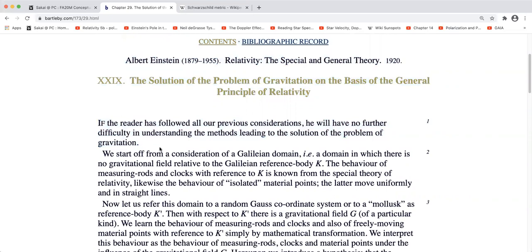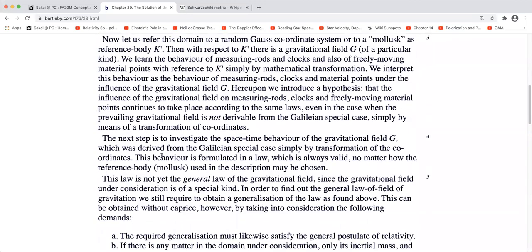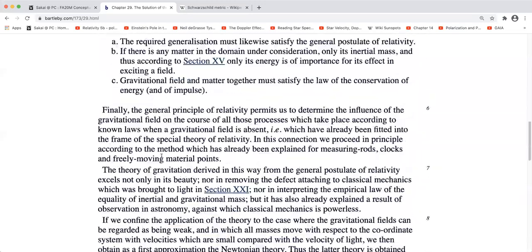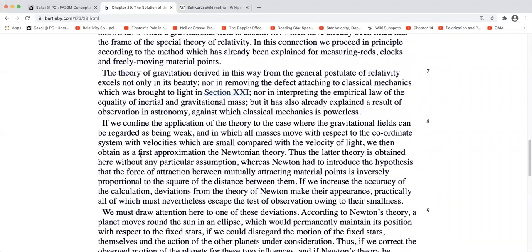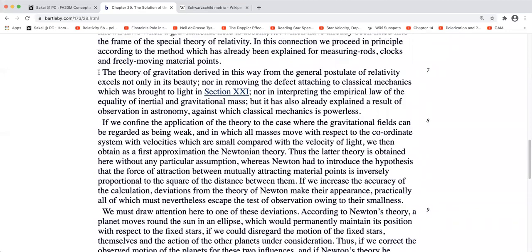In the second half of this section 29, he goes on to consequences of his general theory of relativity.